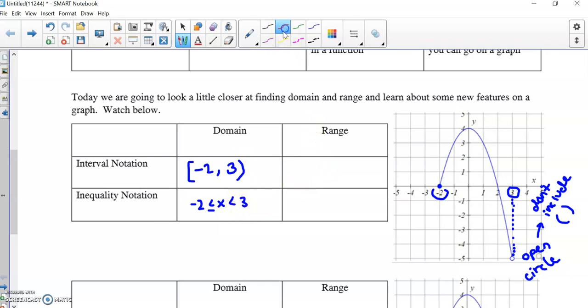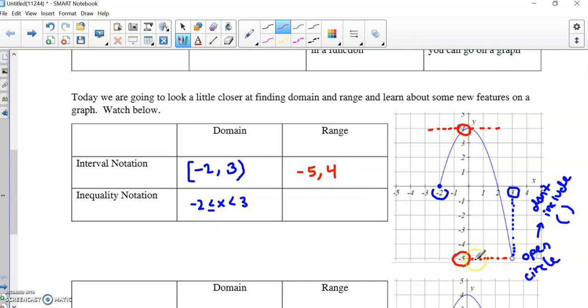For range, let's switch our color here. Remember, range is talking about low to high. So the lowest point of our graph is this guy right over here. That brings us to -5. And the highest point of our graph is up here at 4. So we know our range goes -5 to 4.